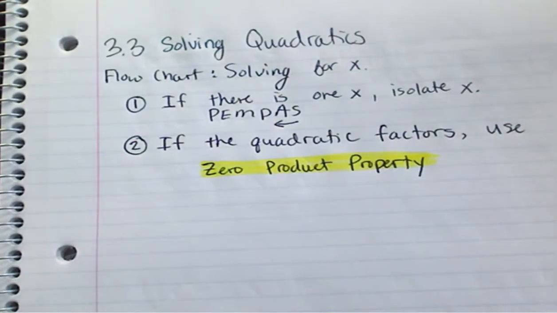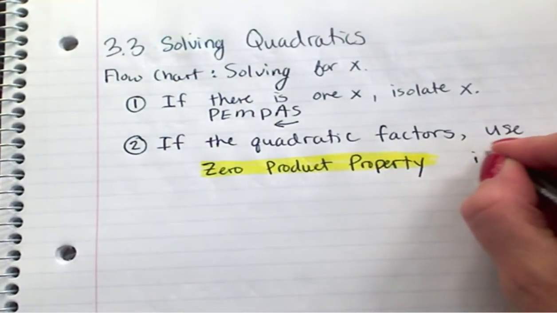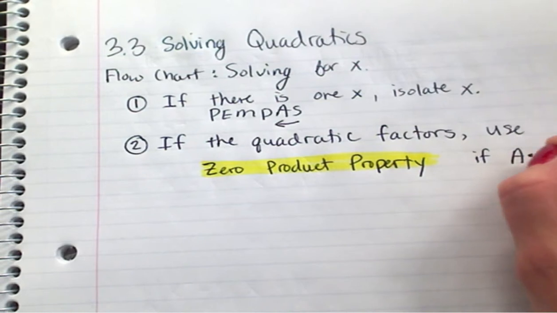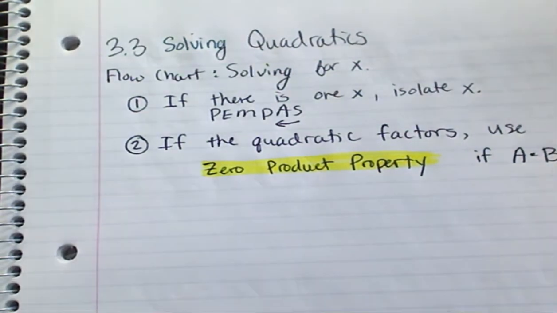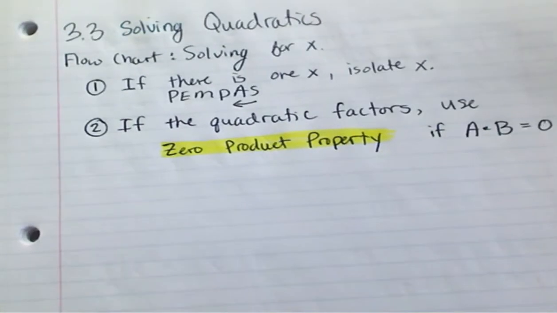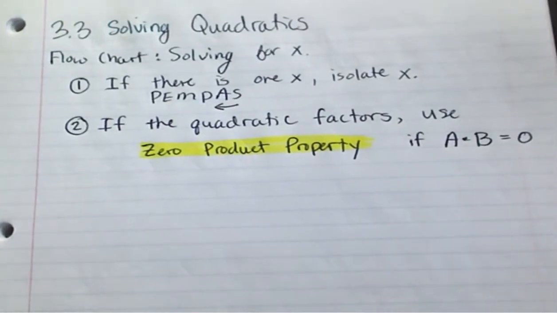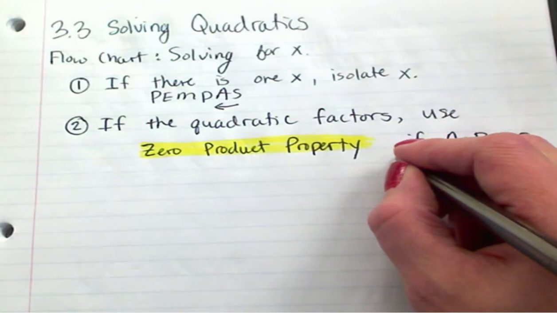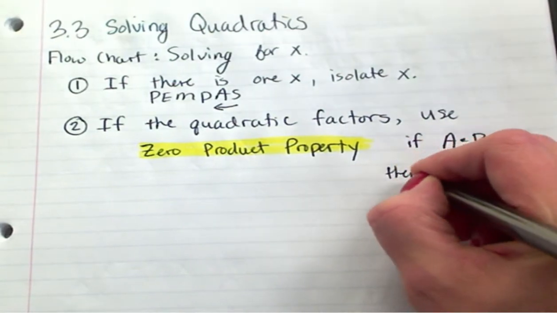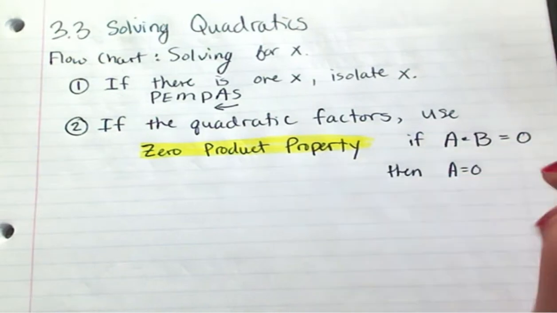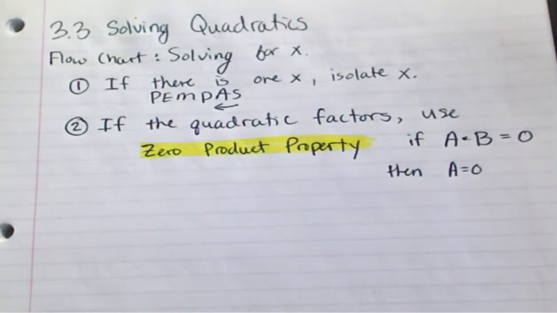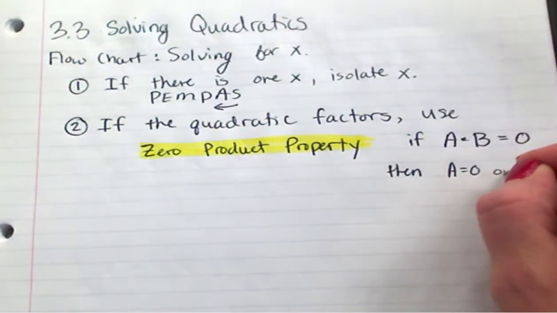Zero product property says if A times B equals 0, if two things multiplied together equals 0, then A equals 0 or B equals 0.